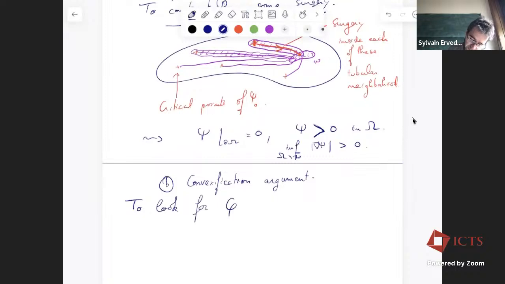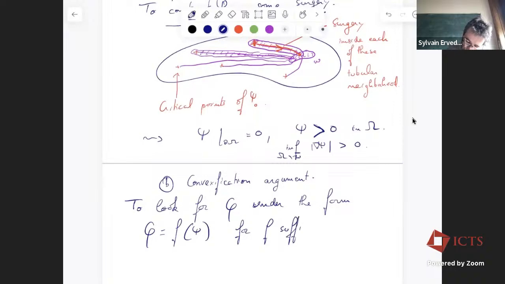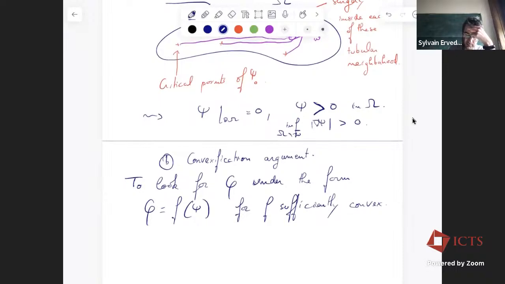So what you want to do is to look for phi under the form phi equal to f of psi, for f sufficiently convex. There are many ways to do this.